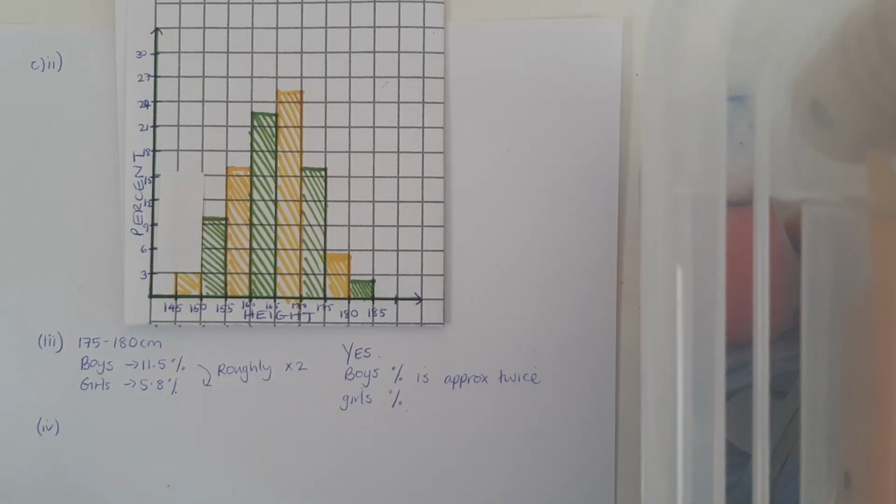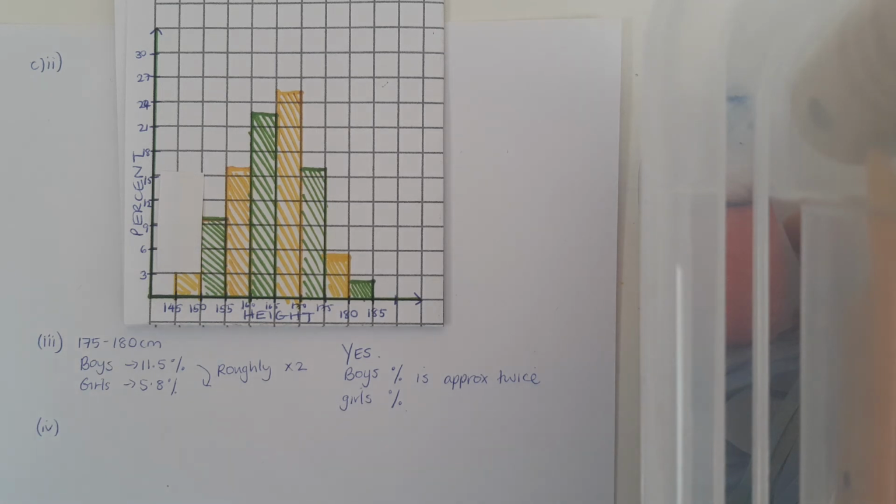Part 4 says that Mary examines both histograms and decides that there are more tall girls than tall boys, and we want to see, do the histograms actually support this claim? Well, the problem with the histograms is that they only tell us what percentage fall into each category. They don't tell us the individual exact heights of the people.